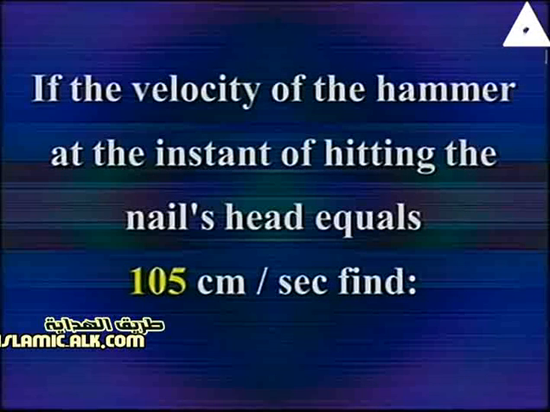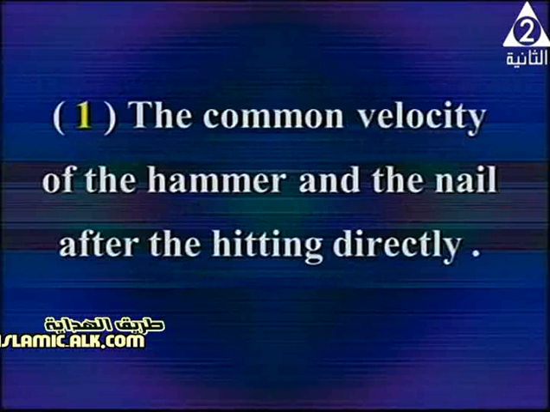If the velocity of the hammer at the instant of hitting the nail's head equals 105 centimeter per second, what is required? Find the common velocity of the hammer and the nail after hitting directly. Remember, student, common velocity of what? Hammer and nail after hitting directly.